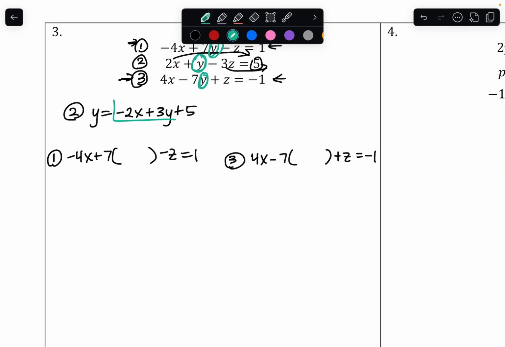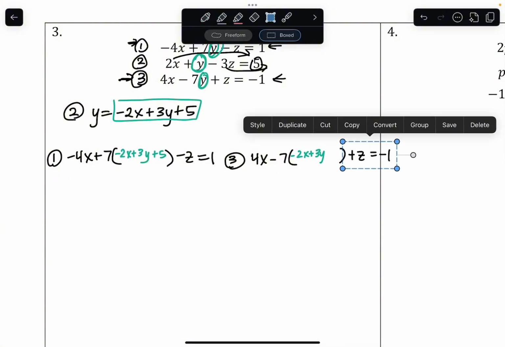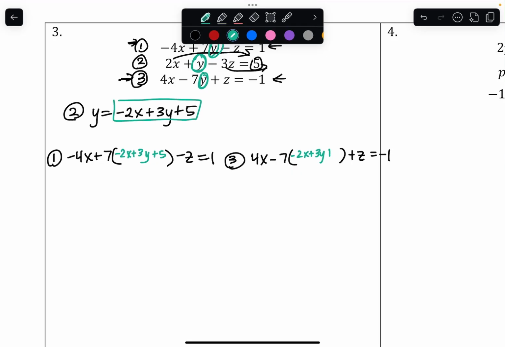Okay, and so y is equal to this expression, so negative 2x plus 3y plus 5.